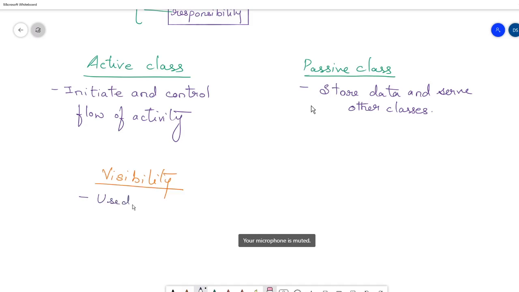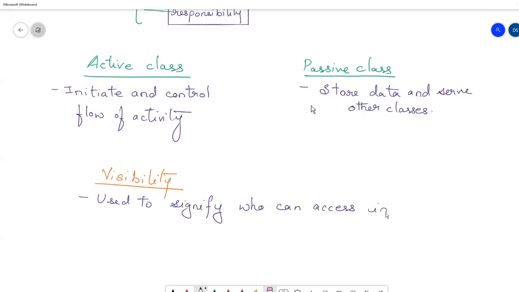It is used to signify who can access information contained within the class.